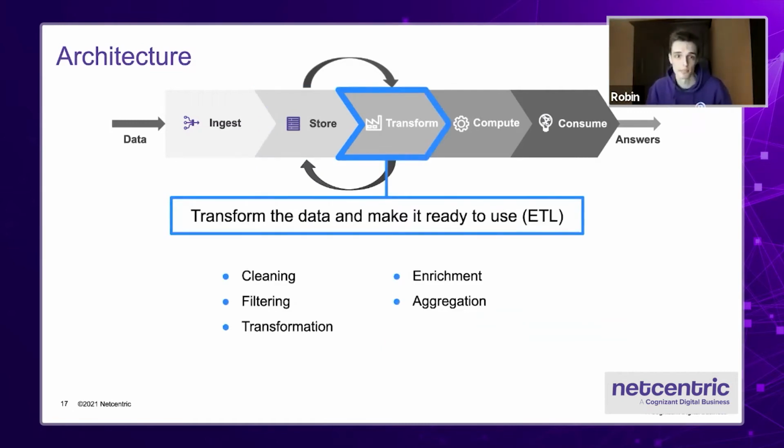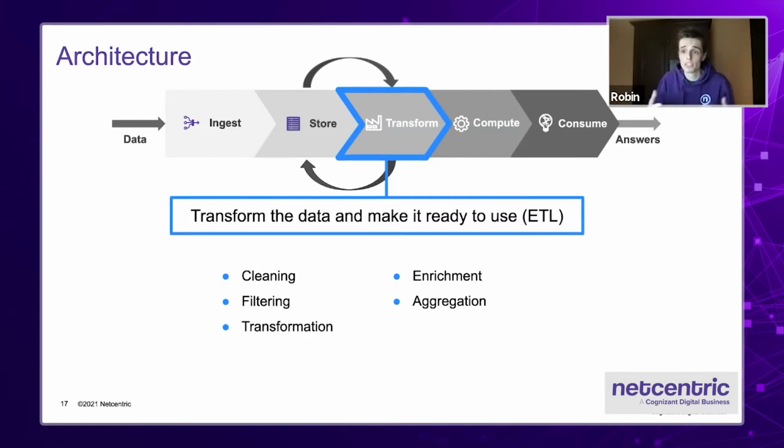And then the next step, transform. So you need to transform the data to make it ready for usage. For those who are familiar with it, it's kind of an ETL, extract, transform, and load operation. So that's where you do all the operations: cleaning, filtering, transformation, enrichment, aggregation.